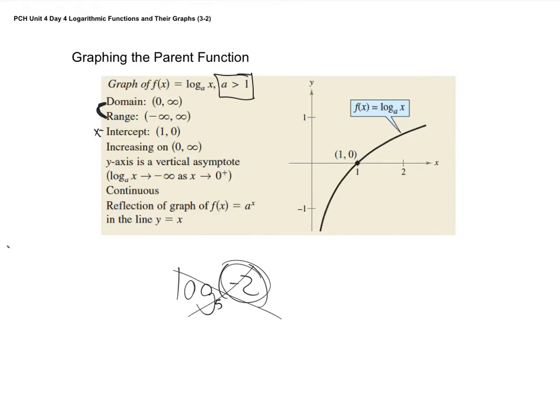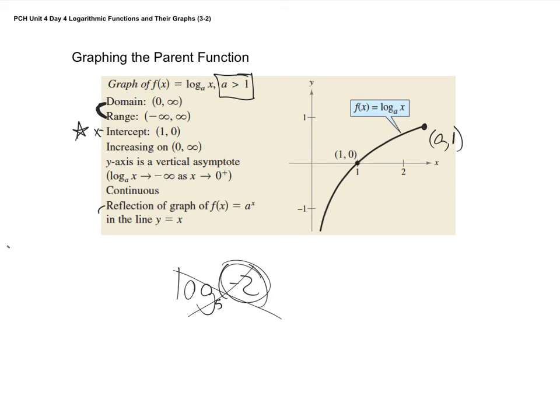So, all right, the key points here: your domain and range. Your x-intercept will always be 1, 0. Okay? Remember that. And also, remember that you always have the point somewhere that is the point a, 1.